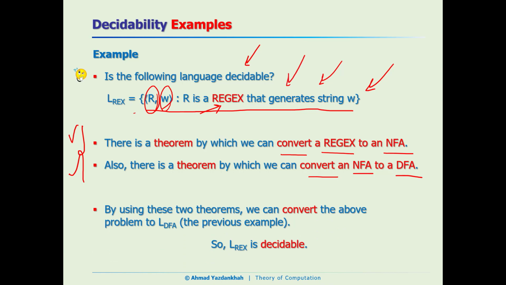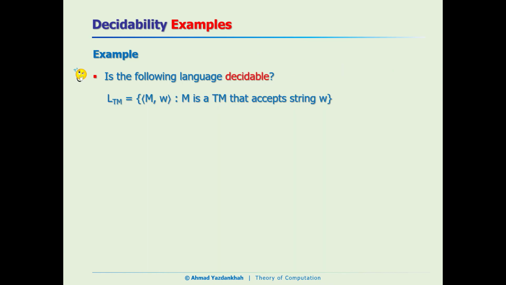Now we want to simulate a Turing machine. So this machine is a Turing machine and this W is just a regular string. Now we are asking the same question. Is this language a decidable language? In this case, we would say no, it is not. Because a Turing machine has the potential to get stuck in an infinite loop.